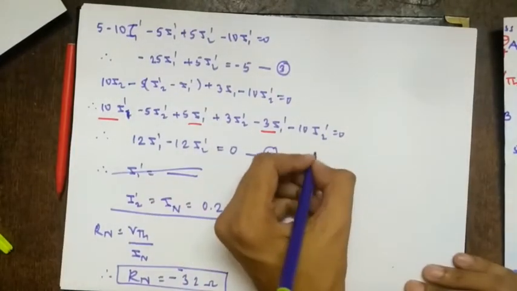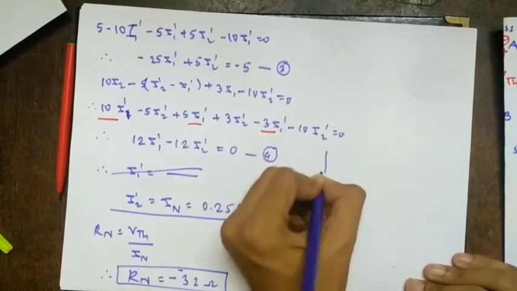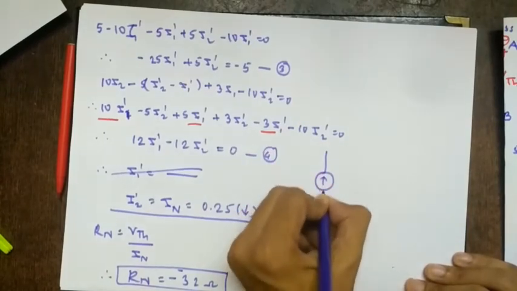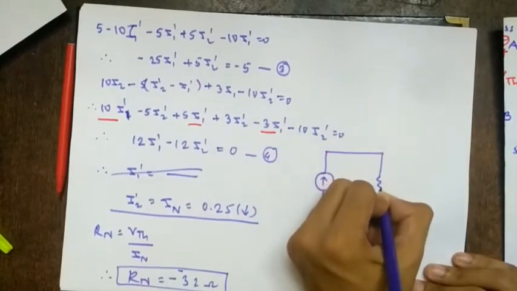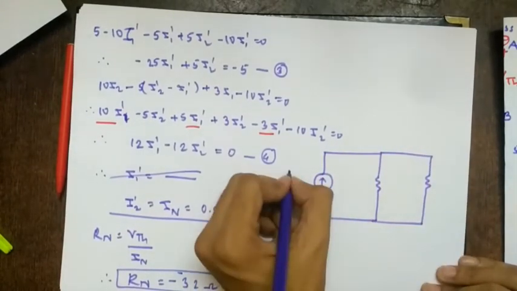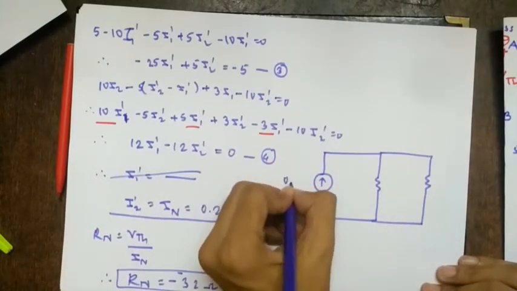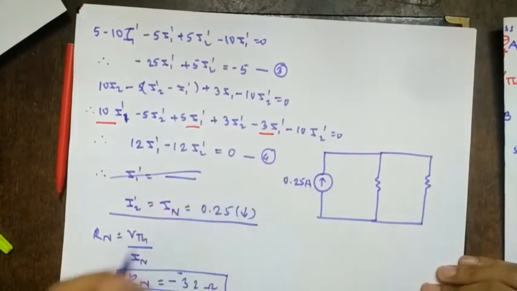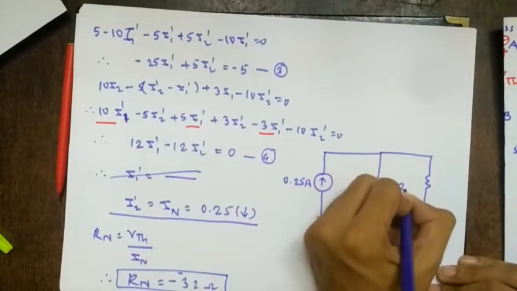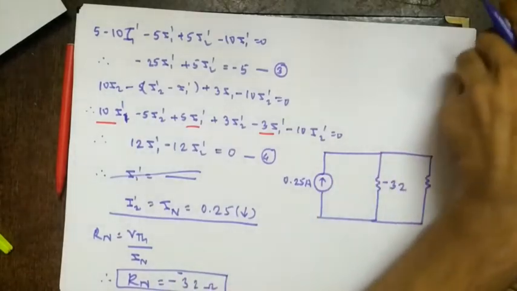Next what we do, we draw Norton's equivalent network. So here you have to write drawing the Norton's equivalent network. So IN we have found as 0.25 amperes. Rn is minus 32.